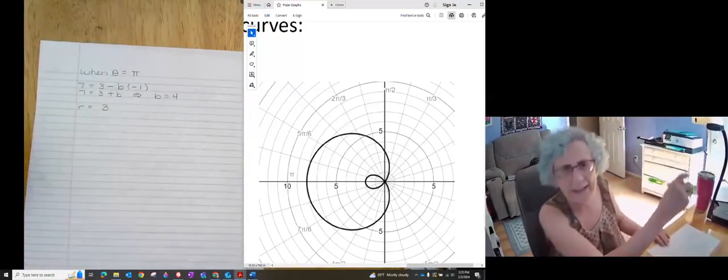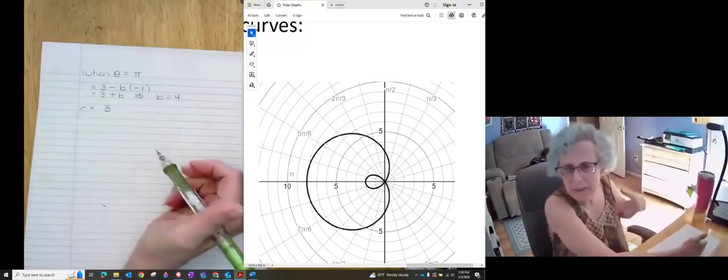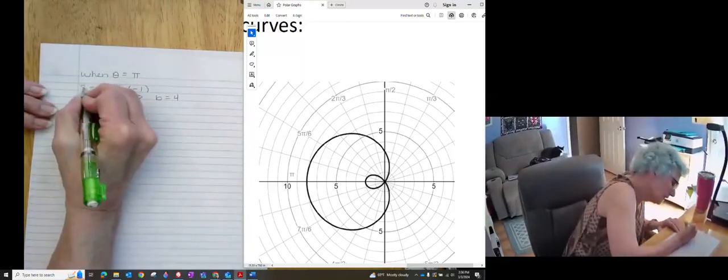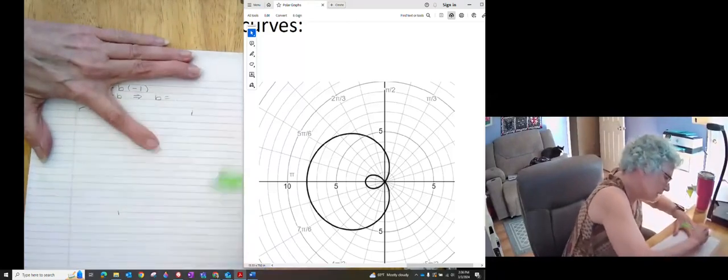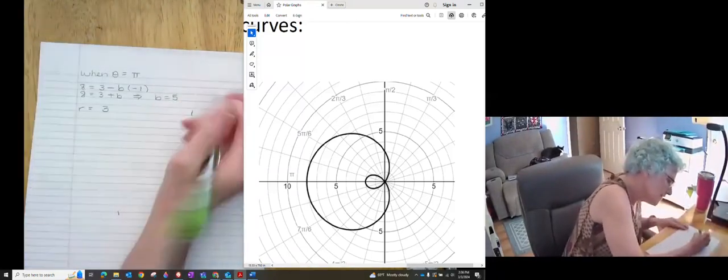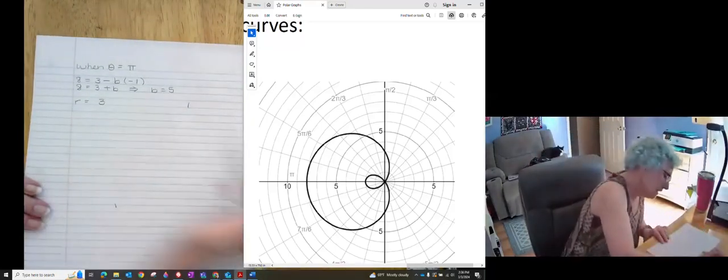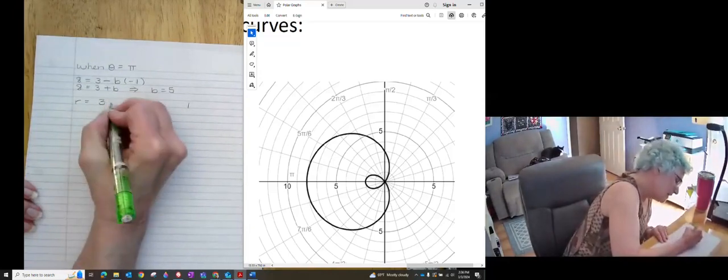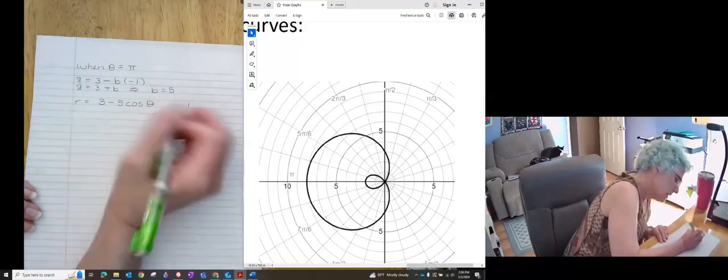So that's 8. Okay. Even though I made it big, I still wrote down the wrong thing. This is 8. So B is 5 because 8 is 3 plus 5. So r is equal to 3 minus 5 cosine theta.